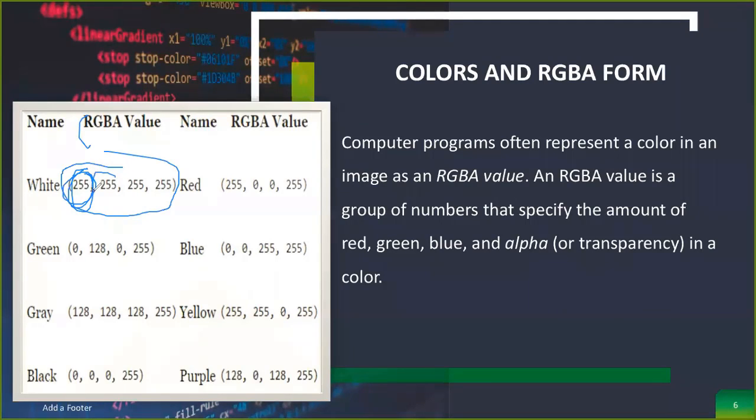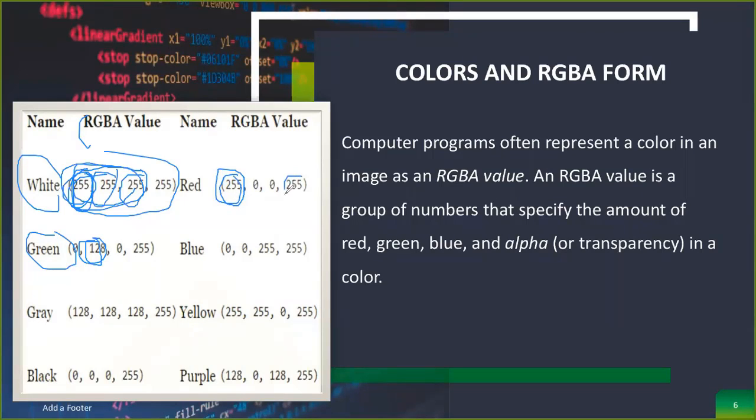The amount of green is 255, and the amount of blue is 255. If red, green and blue all have intensity 255, the color generated is white. If you look at the green color, the middle portion, with intensity 128, it will generate a green color. If you look at the red, the starting value here 255, it will generate a red color.